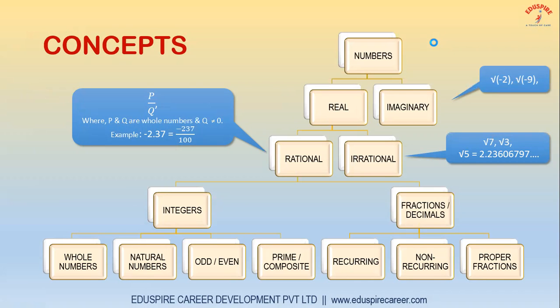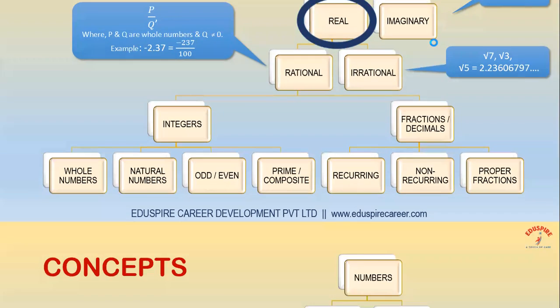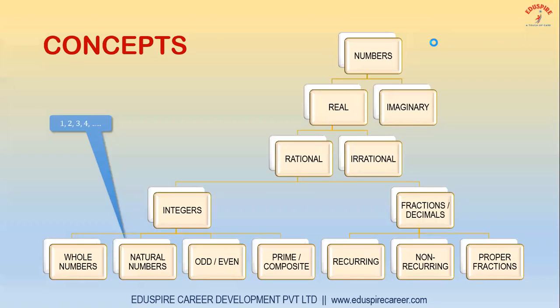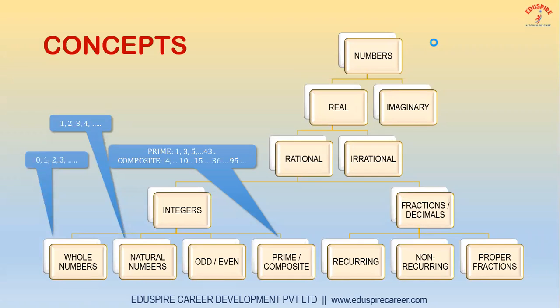In the aptitude tests, which we will target, most likely we are going to face real numbers. Now, we look at integers in terms of natural numbers, prime or composite numbers, whole numbers, odd and even numbers, etc.